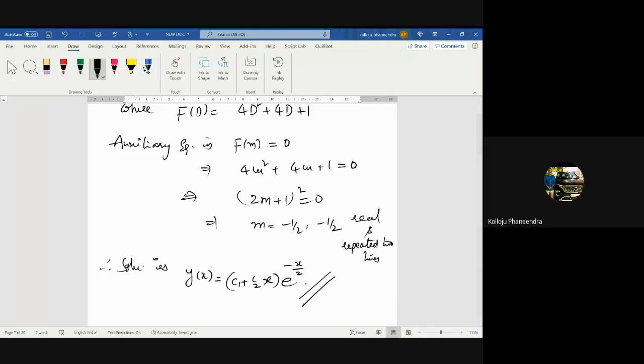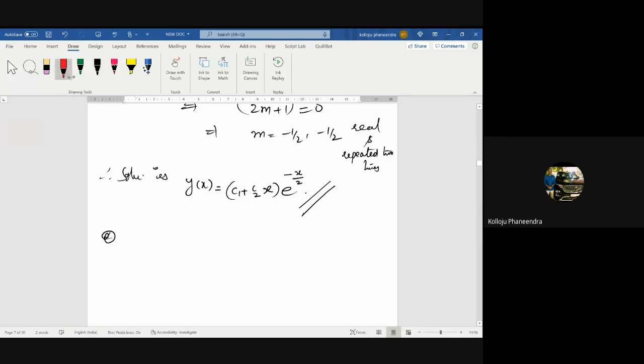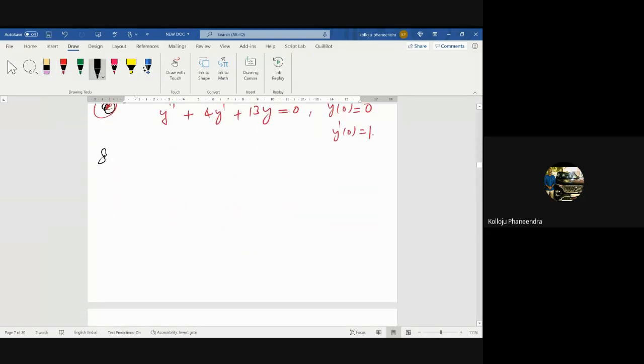And next, we solve. Next problem. y double prime plus 4y prime plus 13y equal to 0, with y of 0 equal to 0, y dash of 0 equal to 1. Solution.